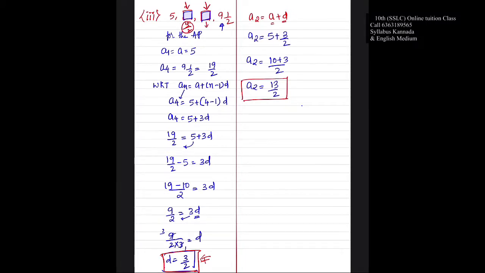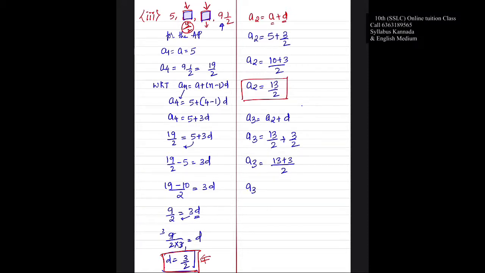So the third term is a3 equals a2 plus d. So a3 equals, a2 we already calculated, that is 13 by 2, common difference is 3 by 2. So a3 equals, so in the division, 2 I take 10.